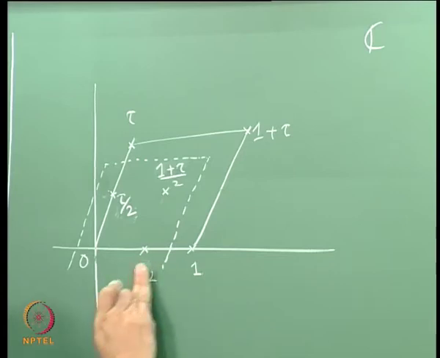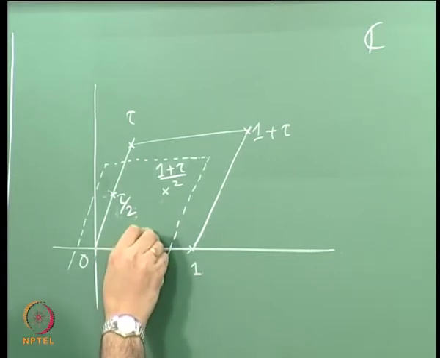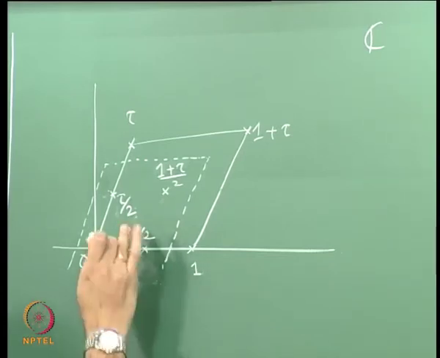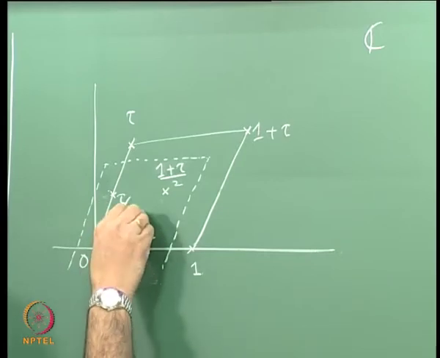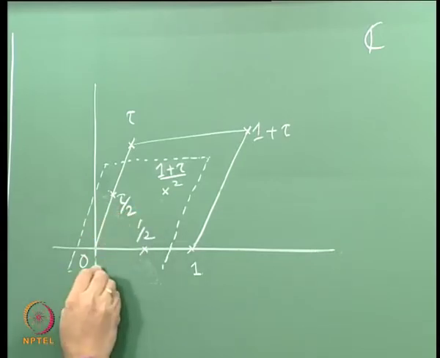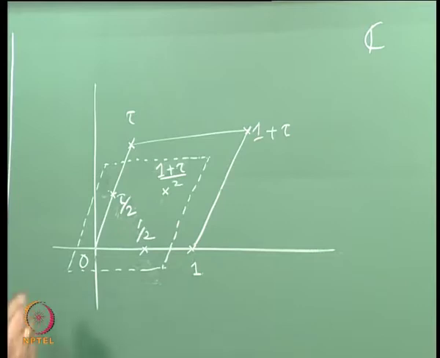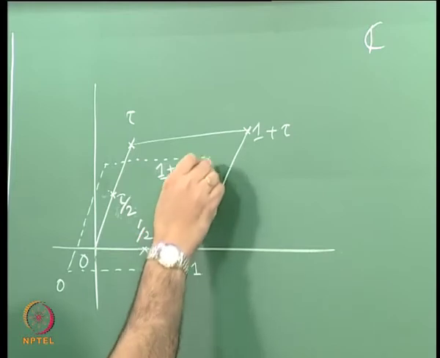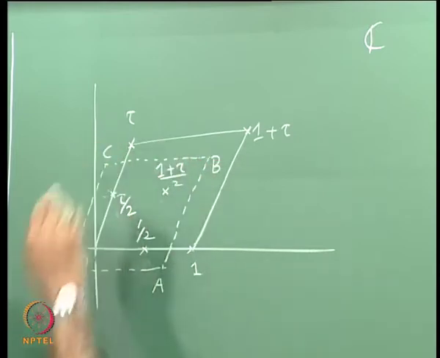Okay, and let me write the half here. And here is the translate of this parallelogram. Let me call this parallelogram O A B C.